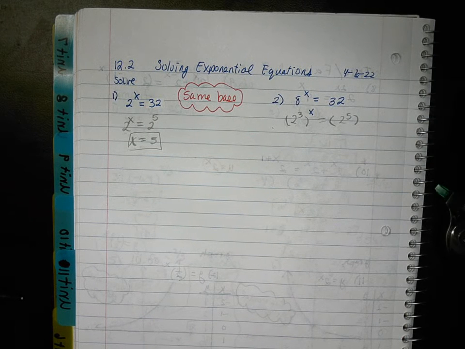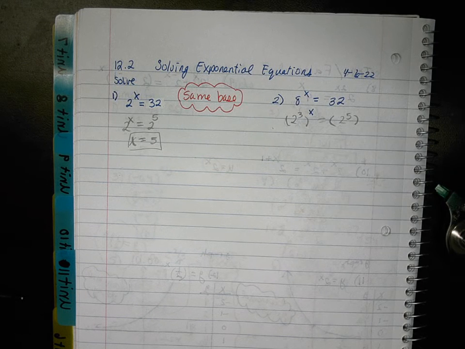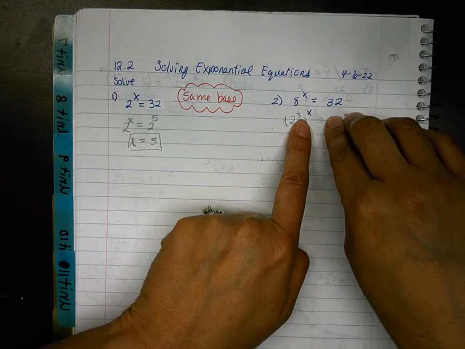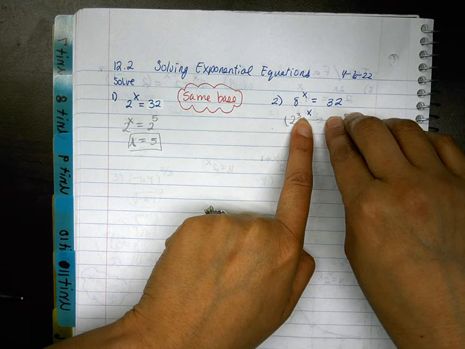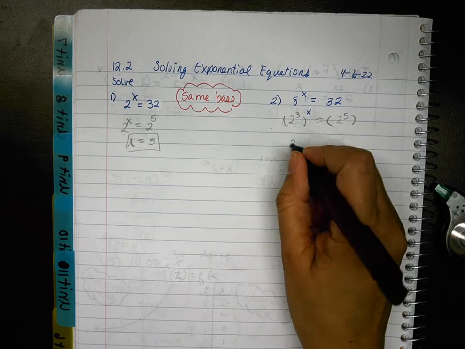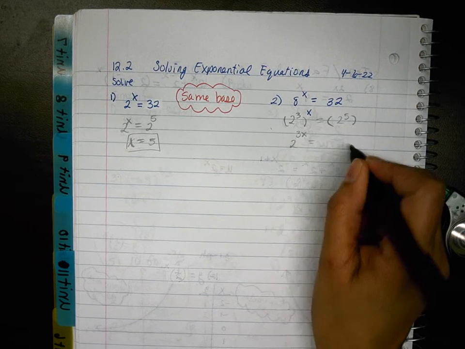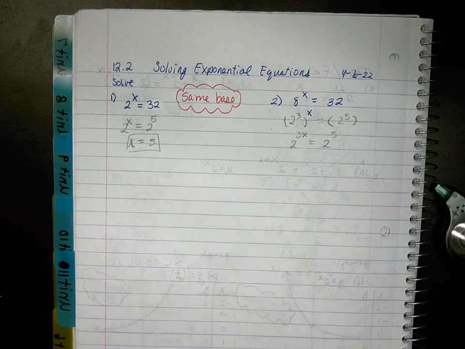I've changed the way it looks, but I have not changed its value. Does that make sense? Now, what do we do with the power to a power? We just reviewed that. Do we multiply or add? 3 plus x or 3 times x? Times. So this becomes 2 raised to the 3x equals 2 raised to the 5th. And then I just went over it.